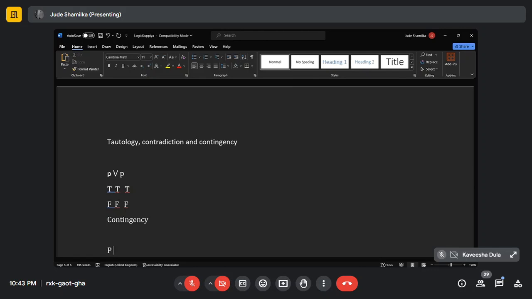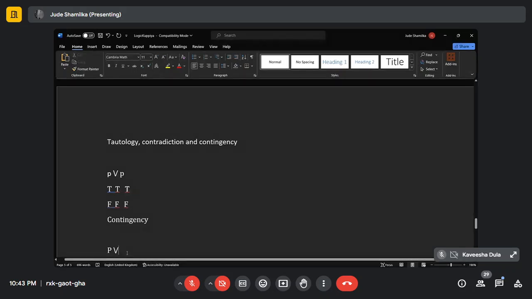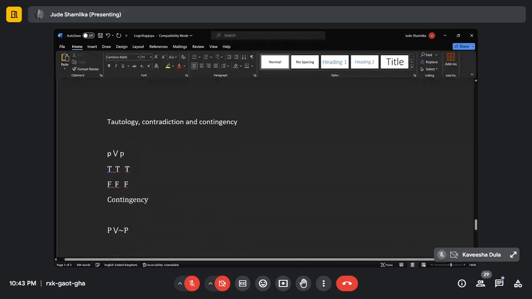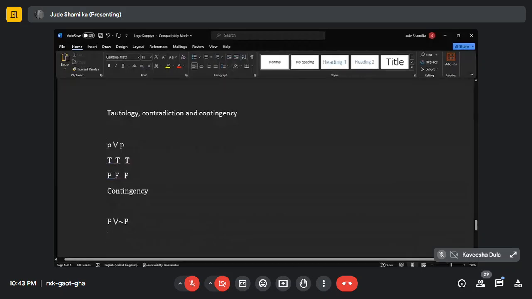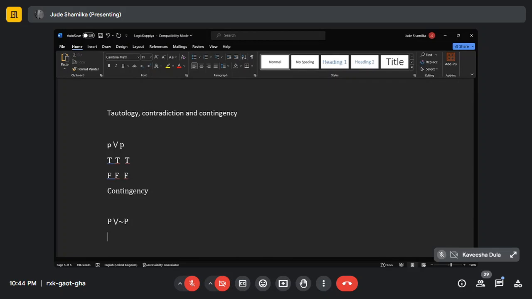Then what do we take then? Let's take this. Anyone to check this and tell me whether this is a tautology, a contradiction, or contingency?